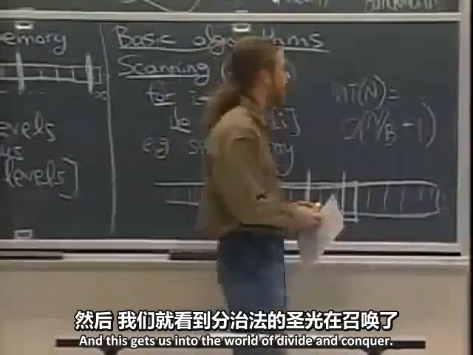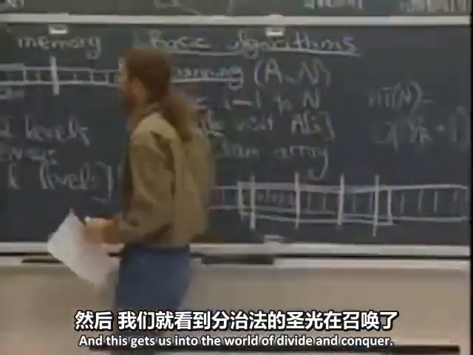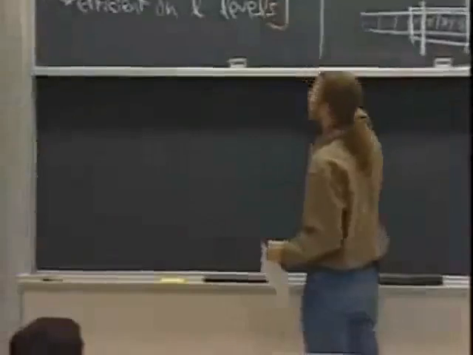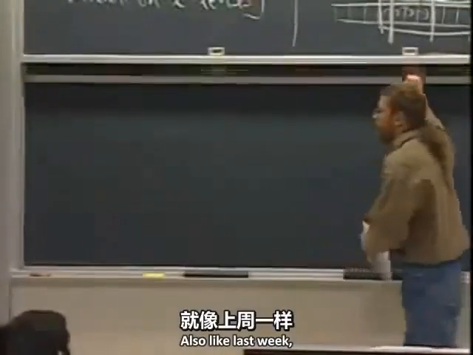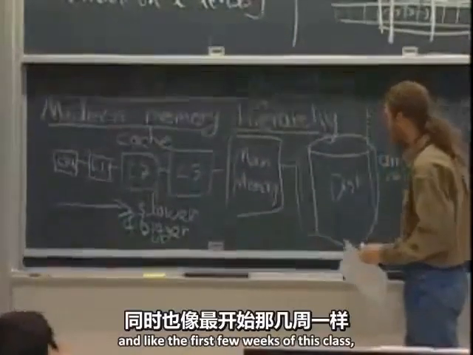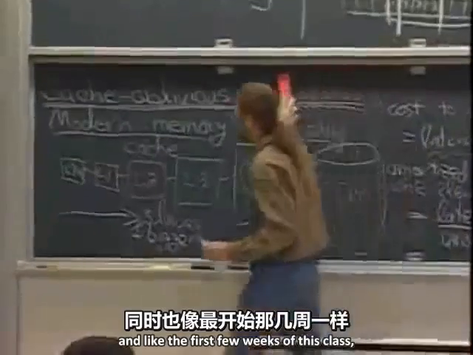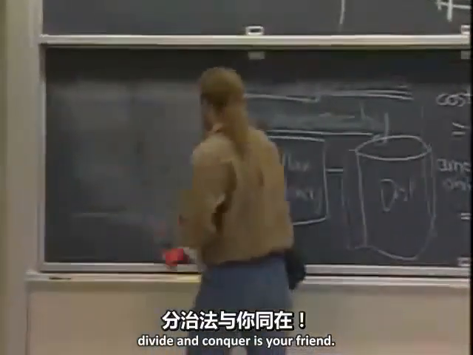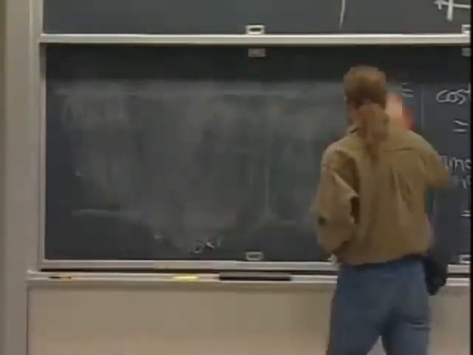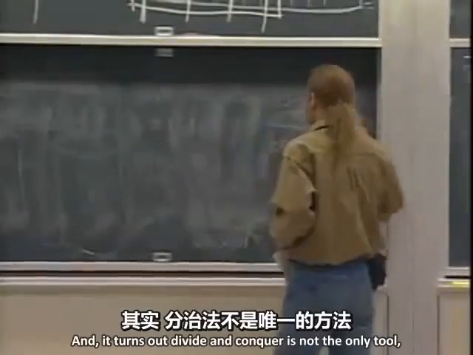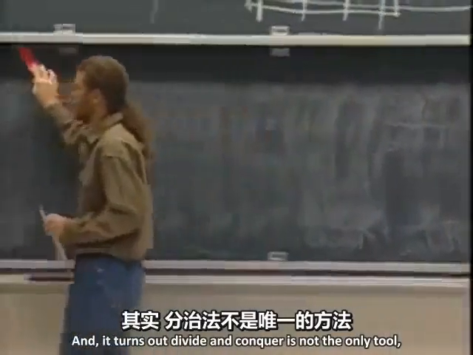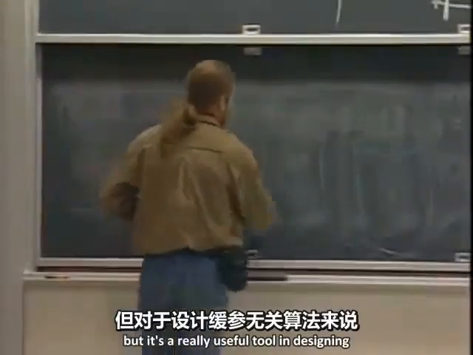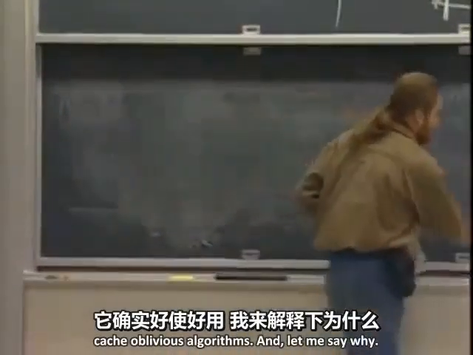And this gets us into the world of divide and conquer. Also, like last week, and like the first few weeks of this class, divide and conquer is your friend. It turns out divide and conquer is not the only tool, but it's a really useful tool in designing cache oblivious algorithms.